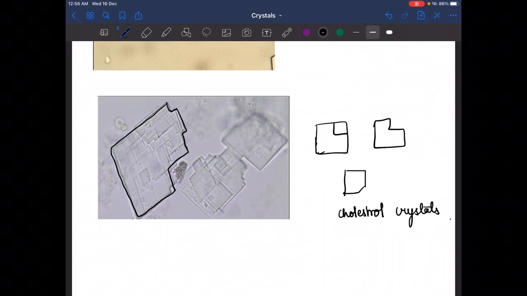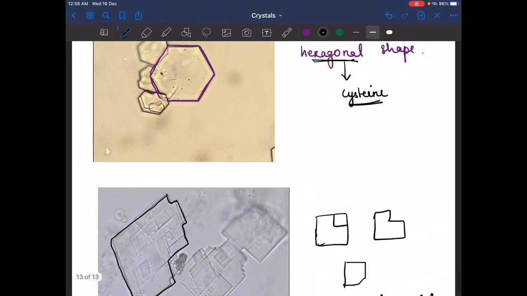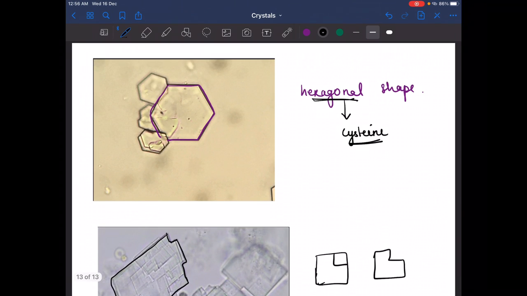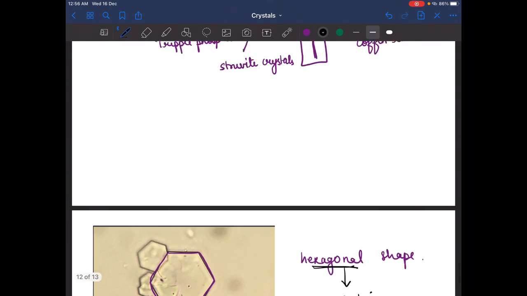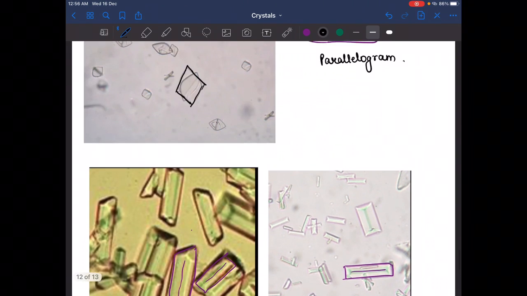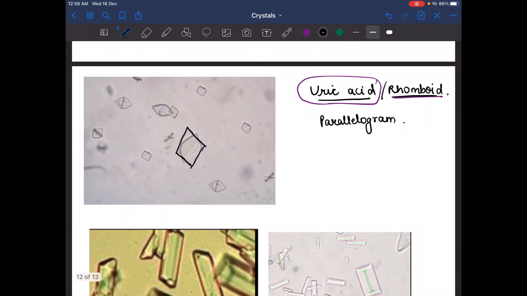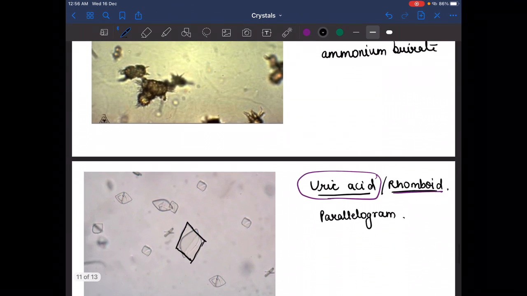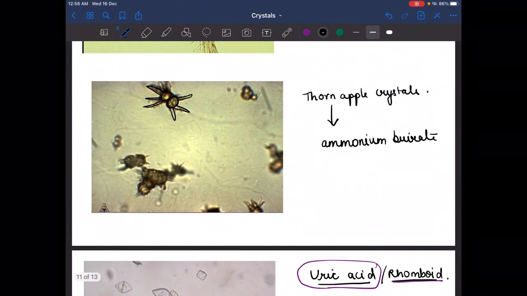So here one part is missing, and here this is cysteine, and in cysteine shape is hexagonal, and here we have coffin lid like shape, and these are triple phosphate or struvite crystals. Here two parallel lines meet with each other, so here it's uric acid or rhomboid shape. Here we can see apple thorn like.